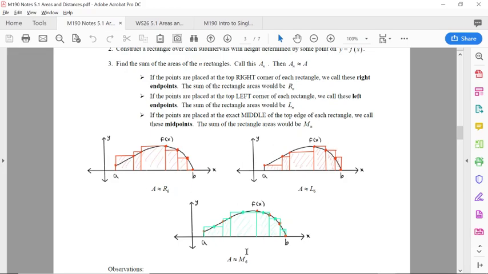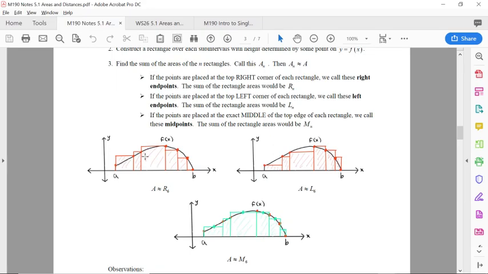However, there's a little extra work involved in finding the midpoint. That is, after you've decided how many subintervals you have, and you've subdivided the main interval A to B into that many intervals, with the midpoint formula you would then need to go within each subinterval and find the location of the midpoint. And that's a little extra work. But you get an extra benefit out of it in that you're going to get a better approximation.